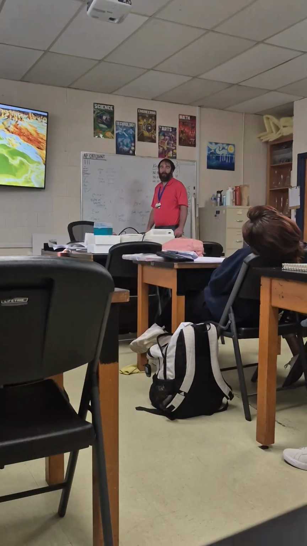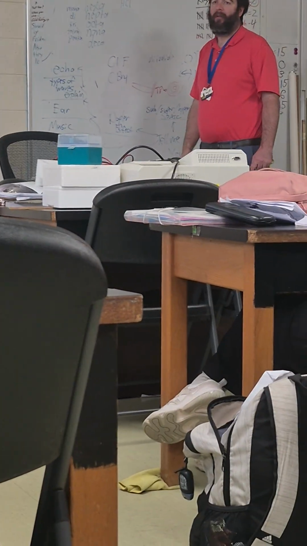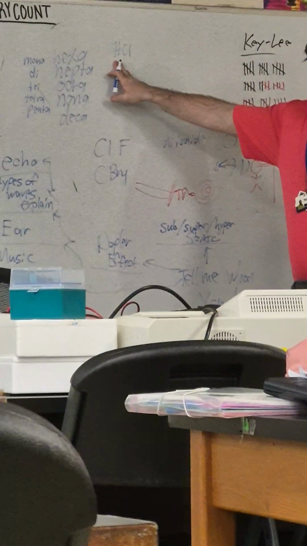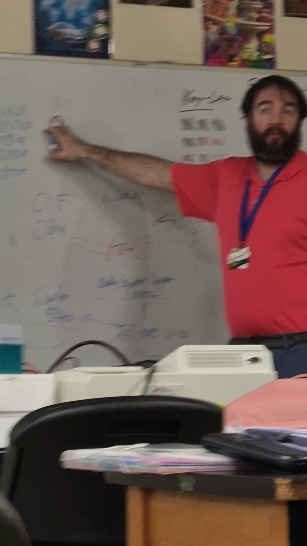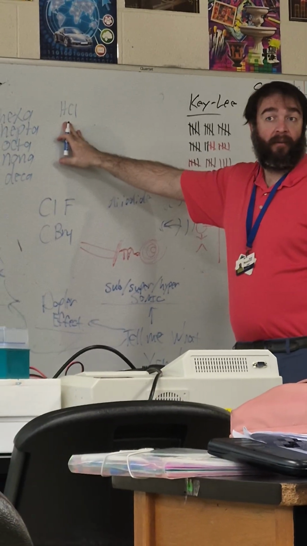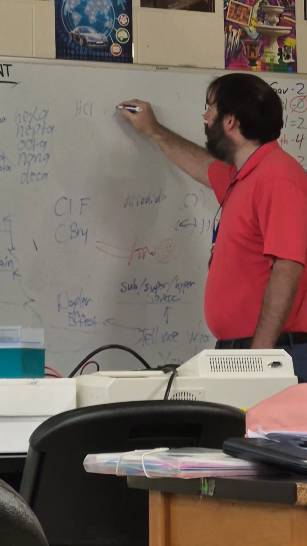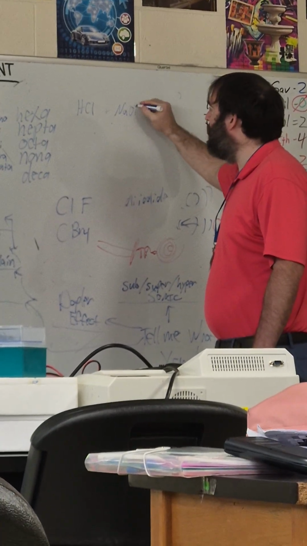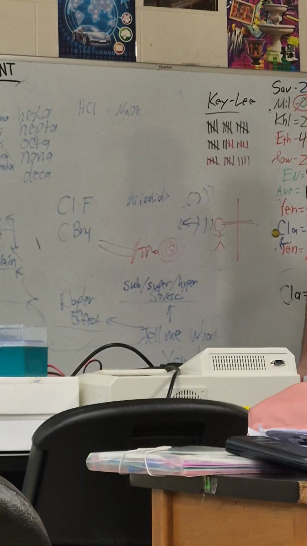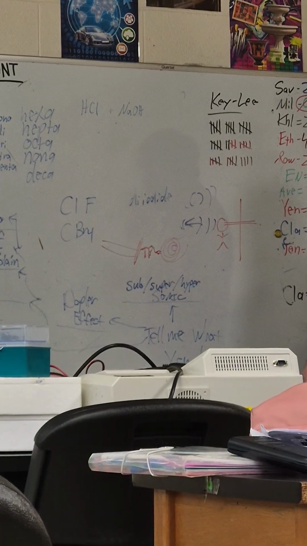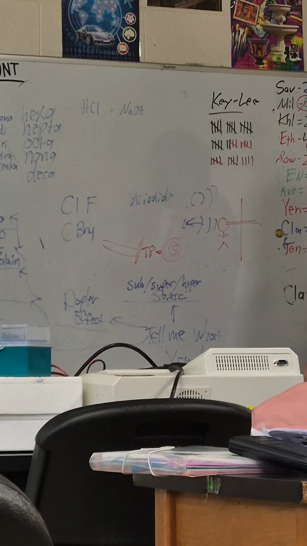Do you happen to know what HCl is off the top of your head? Hydrochloric acid. There it is, right there. H in front always denotes an acid, just so you know. It's in our stomach. Hydrochloric acid, which is a very strong acid, plus NaOH, you can name that one. Sodium hydroxide, which is a really strong base.